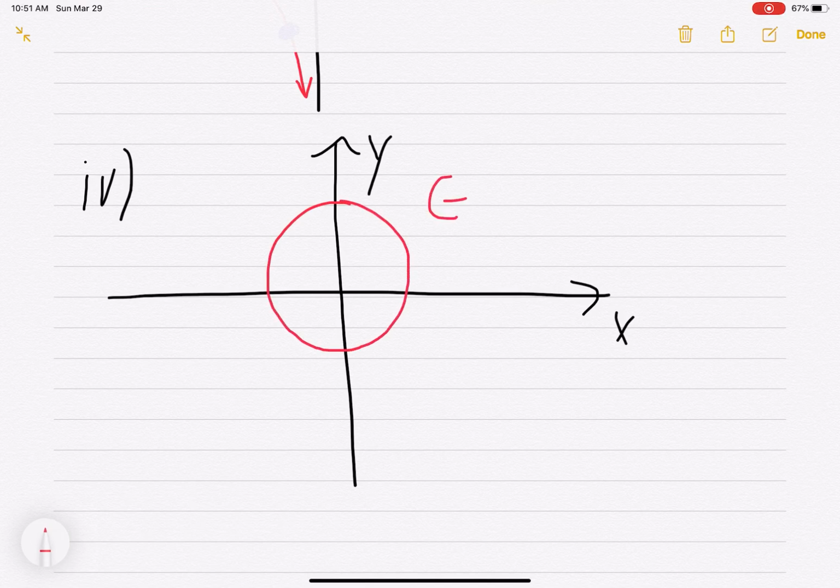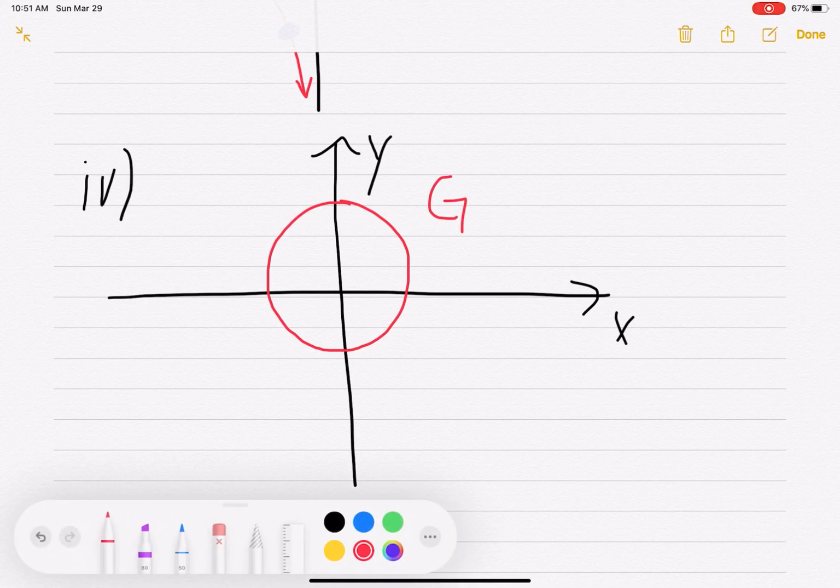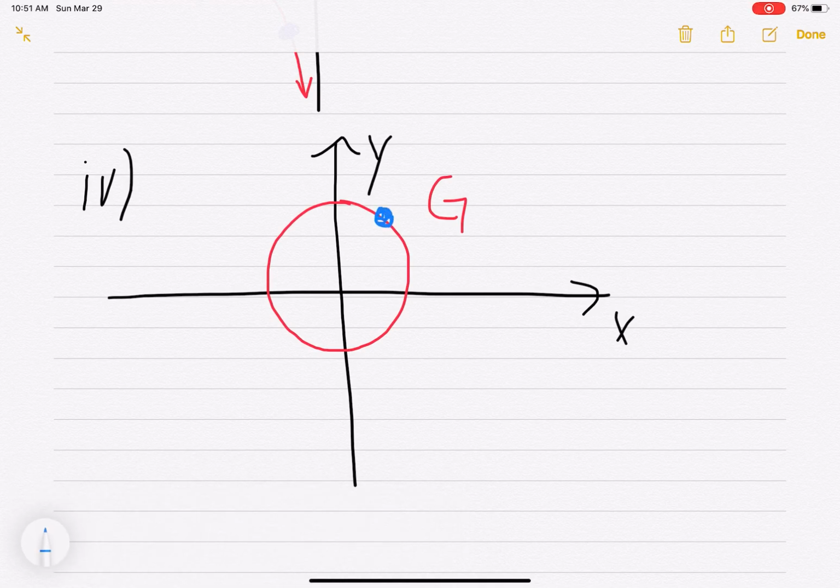That's our graph. A circle centered at 0, 0. So what kind of symmetry does this have is the question. Well, first of all, you have a mirror image about the x-axis, right? If I pick a blue point in the first quadrant, there's going to be a blue point in the fourth quadrant opposite about the x-axis. So it definitely has x-axis symmetry.